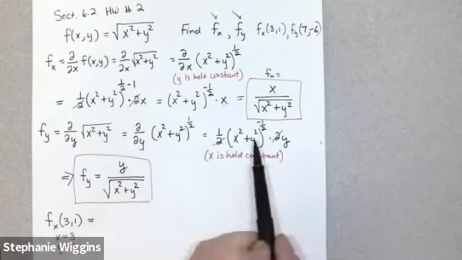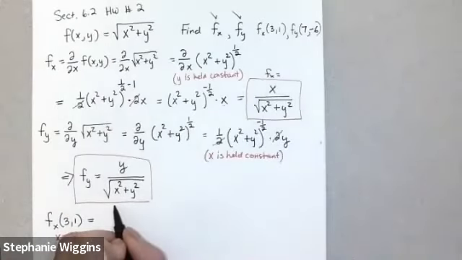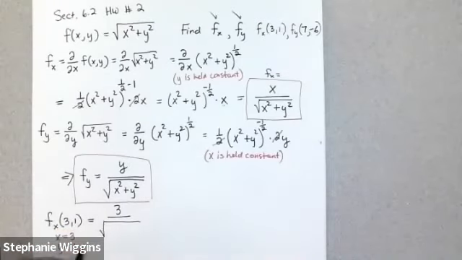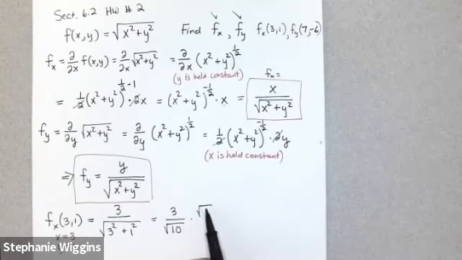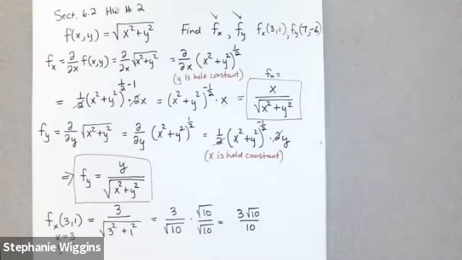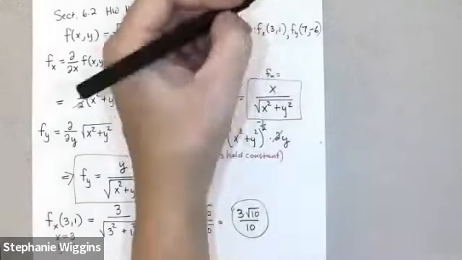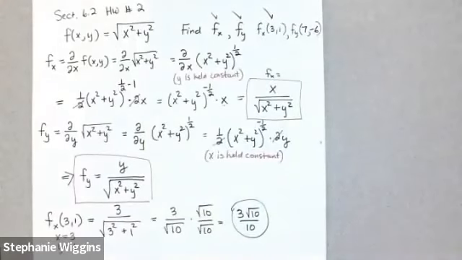And so plugging it in here, I have 3 over the square root of 3 squared plus 1 squared. And so I'm going to have 3 over the square root of 10. And of course, you want to rationalize the denominator. So you have 3 square root of 10 over 10. So we have that piece.